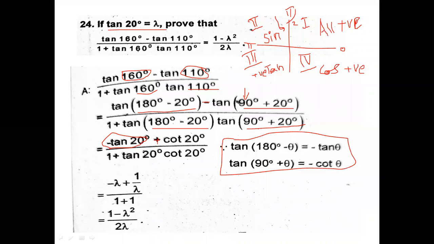Now tan 20 is nothing but lambda, and cot theta is equal to 1 by tan theta.